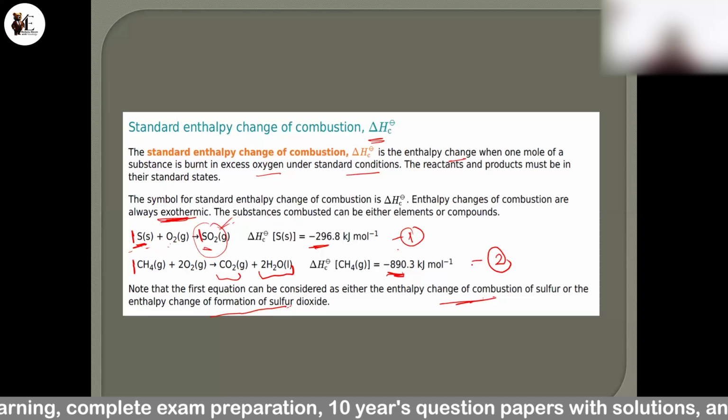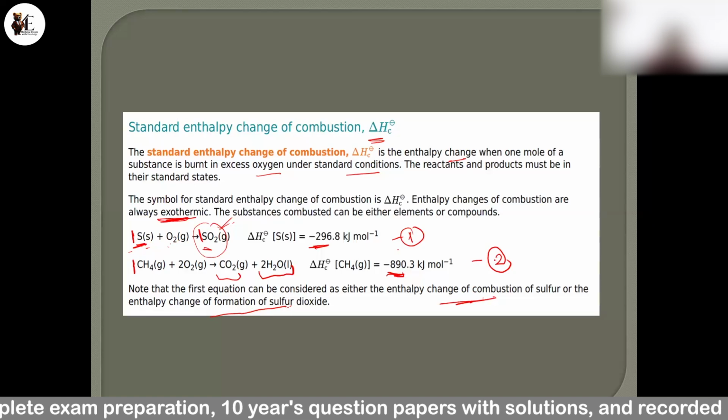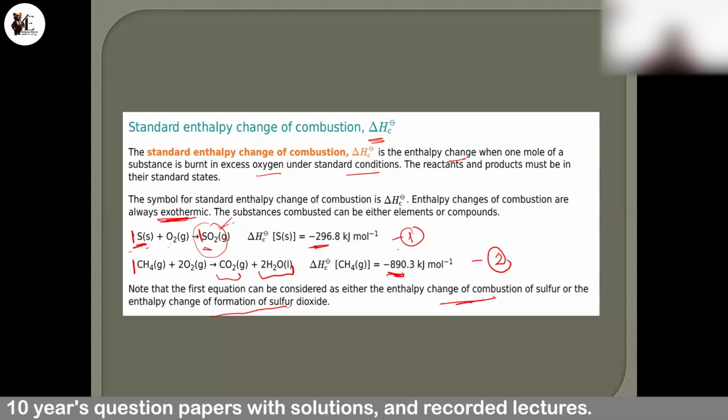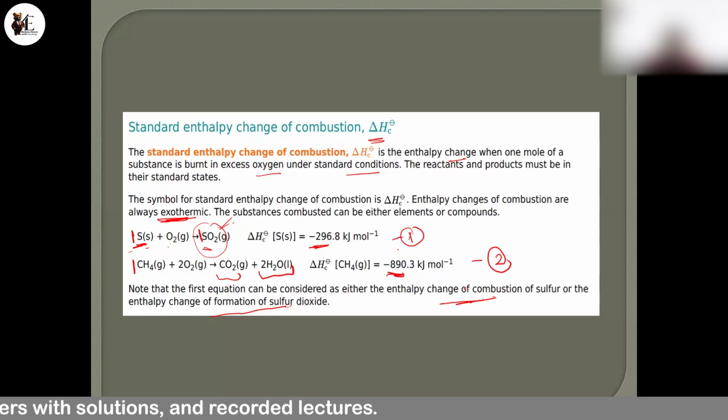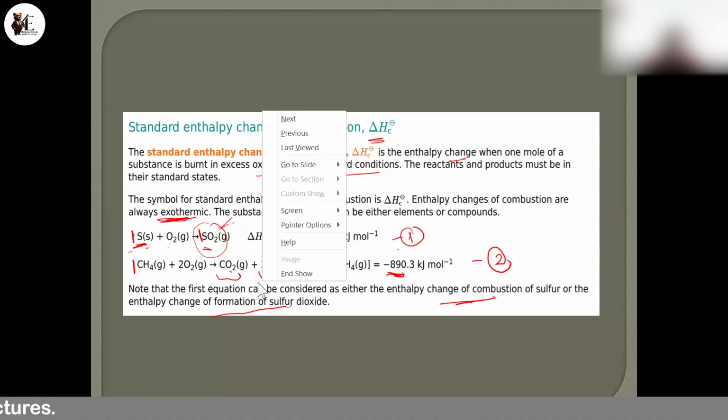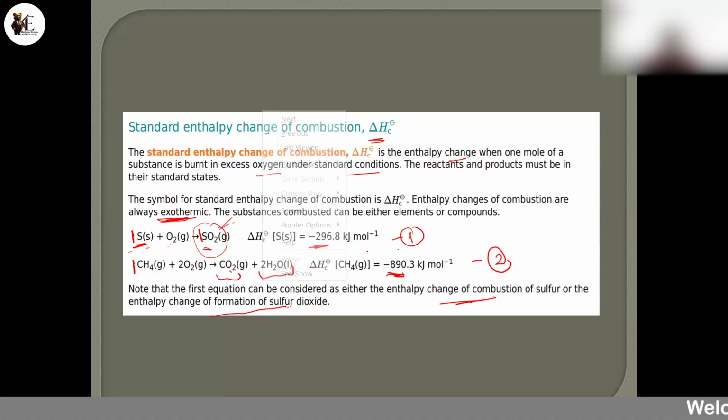So I'm asking, is equation number 2 also the standard enthalpy change of formation of carbon dioxide or not? It's not, because here two products are forming, which is not the correct definition for enthalpy change of formation. In enthalpy change of formation, only one product is formed.